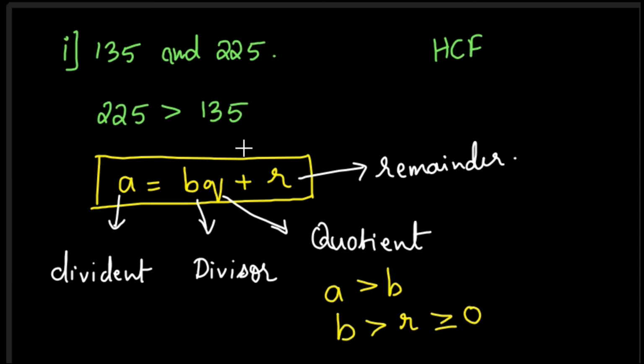Now in the given question, since 225 is greater than 135, this will be our A and this will be our B. Solving, A equals 225, B is 135.